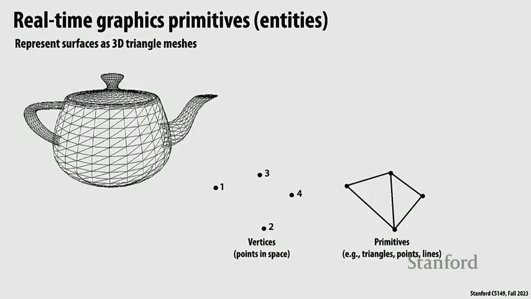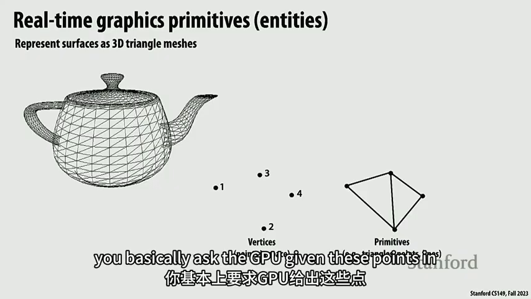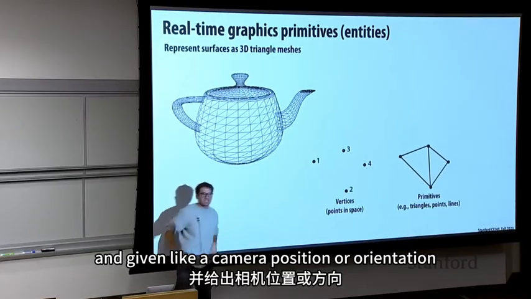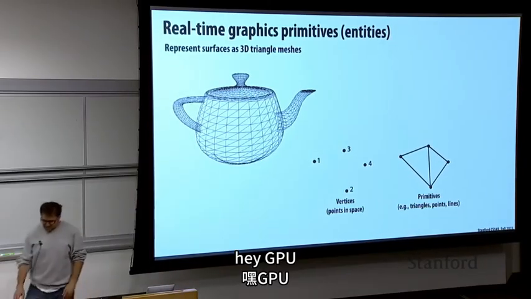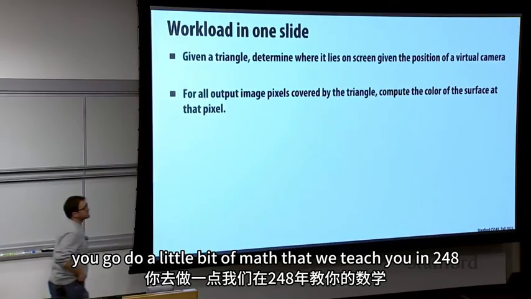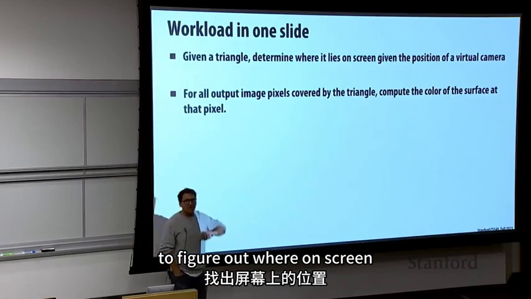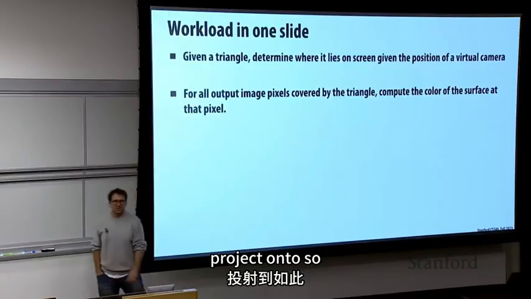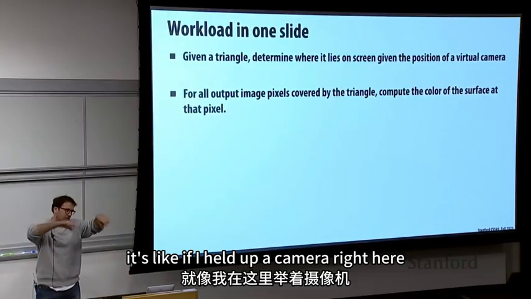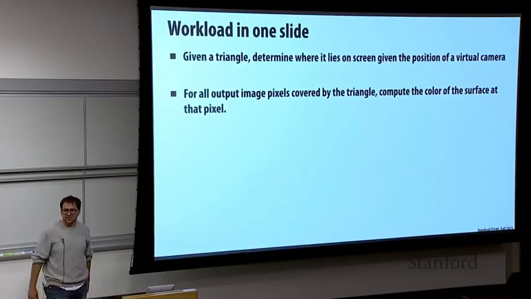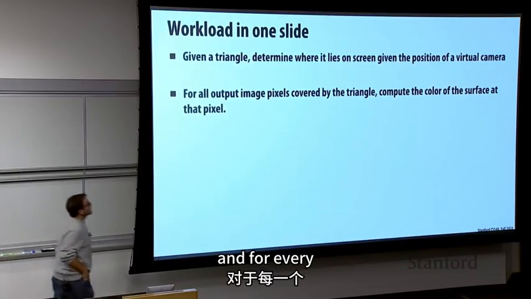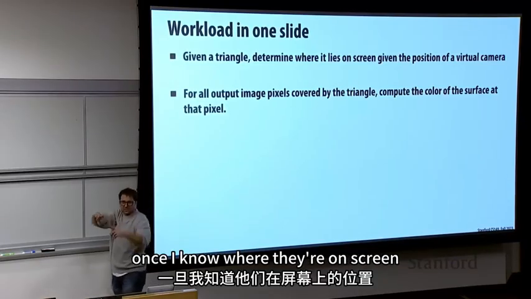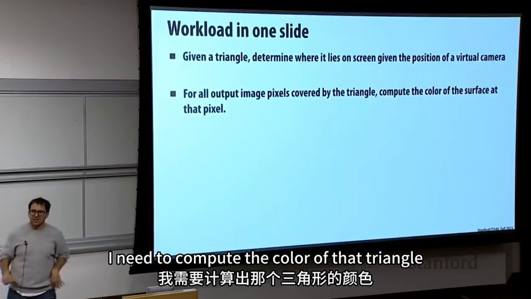And you basically ask the GPU, given these points in 3D space and given a camera position or orientation, hey GPU, you go do a little bit of math that we teach you in 248 to figure out where on screen all of these little vertices project onto. So it's like if I held up a camera right here, where is every vertex going to be on screen? And for every pixel in the image that's covered by these triangles, once I know where they are on screen, I need to compute the color of that triangle.